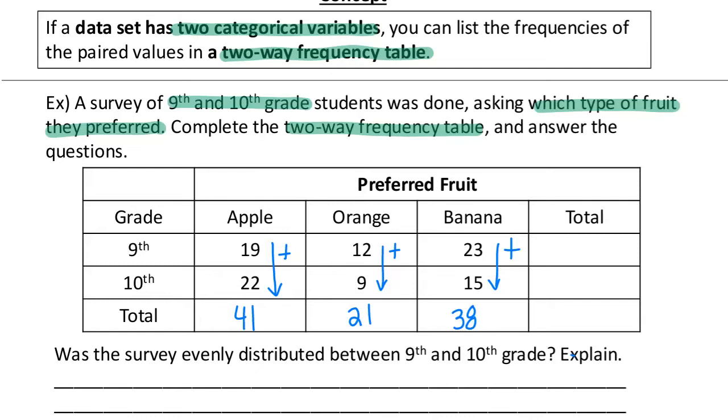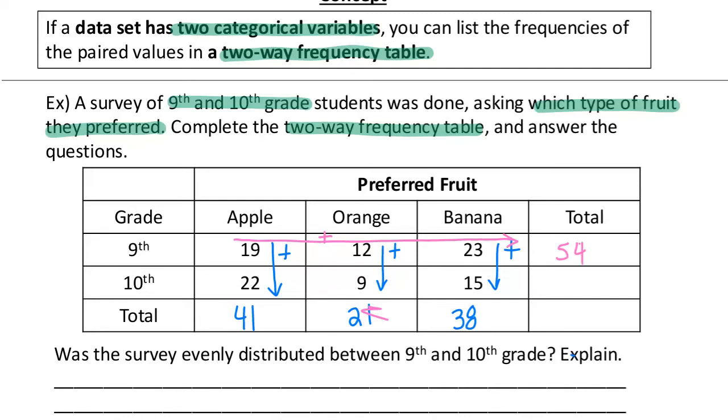The rows, to get the totals for the 9th and 10th graders, you add horizontally. So this time you go this direction. We're going to add 19 plus 12 plus 23. 54?